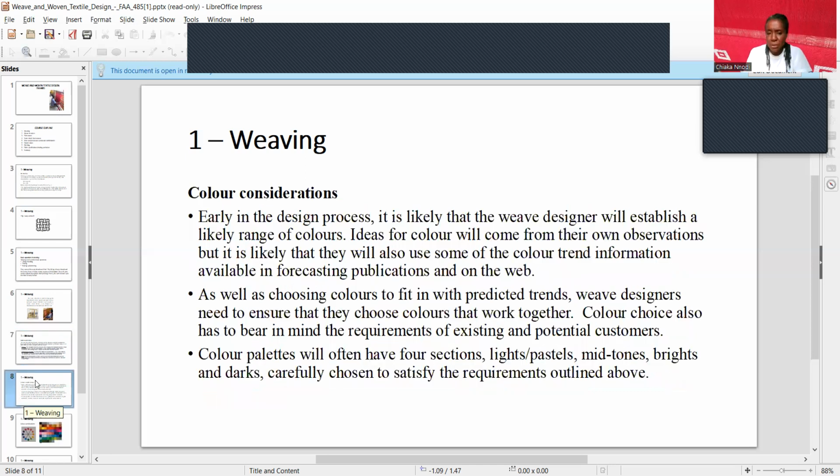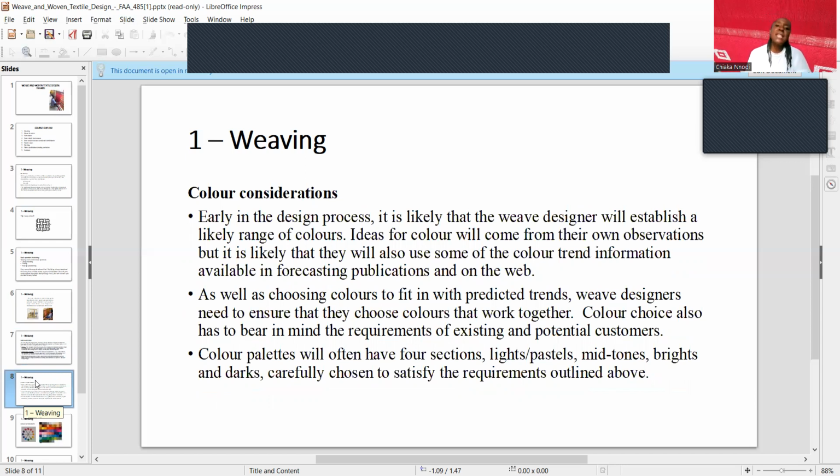Now, color consideration. Early in the design process, it is likely that the weave designer will establish a likely range of colors. Ideas for color will come from their own observations, but it is likely that they will also use some of the color trend information available in forecasting publications and on the web.